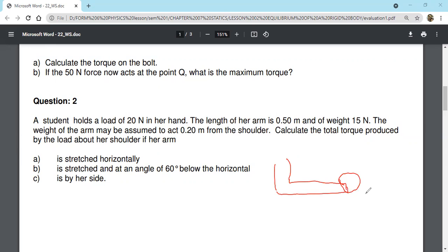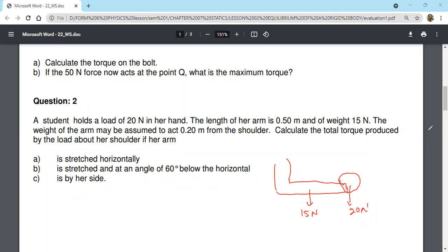The object is 20 Newton and the arm has a weight of 15 Newton. Let's say this is the weight of the arm, 15 Newton.